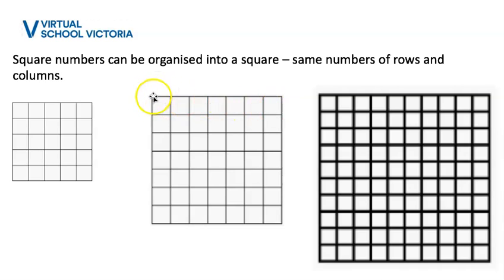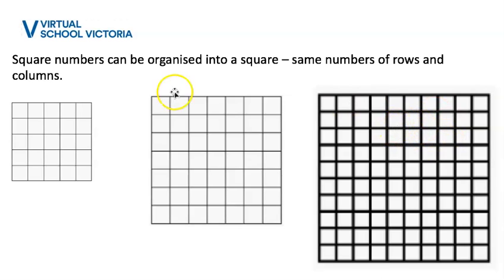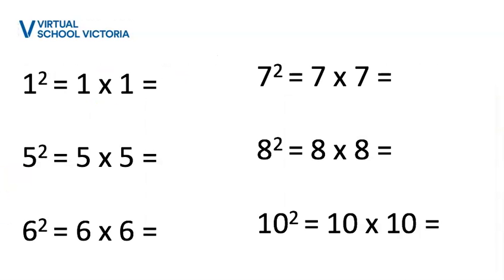Rows that are 7 and columns that are 7 and 10. So these are all square numbers: 5 times 5, 7 times 7, and 10 times 10. I wonder if you can calculate mentally the answers to these square number problems, and you will see a pattern.